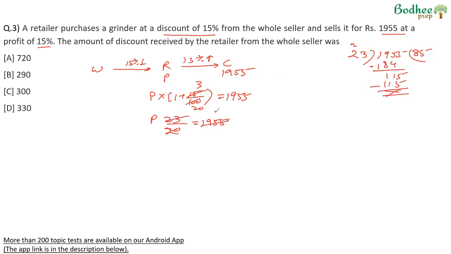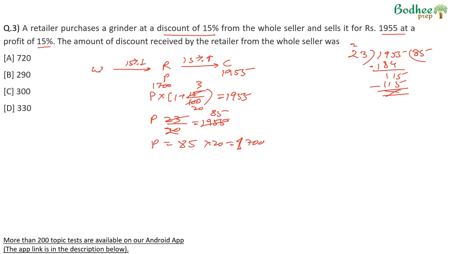So this is 85, and therefore the price that the retailer pays becomes 85 into 20, which will be 1700. So this is the price that the retailer pays.